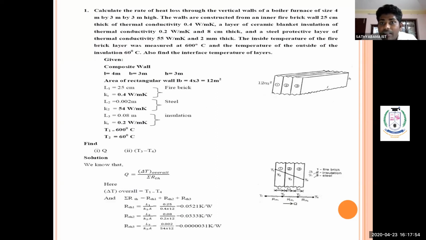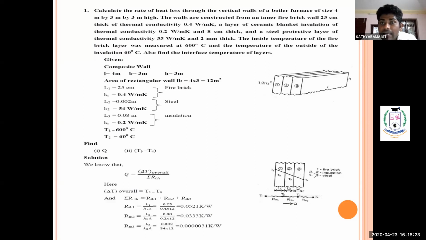The walls are constructed from an inner fiber brick wall 25 centimeter thick of thermal conductivity 0.4 watt per meter Kelvin. They have directly given the thermal conductivity value for the brick wall. The next wall is a layer of ceramic blanket insulation of thermal conductivity 0.2 watt per meter Kelvin, and the thickness of that wall is 8 centimeter.